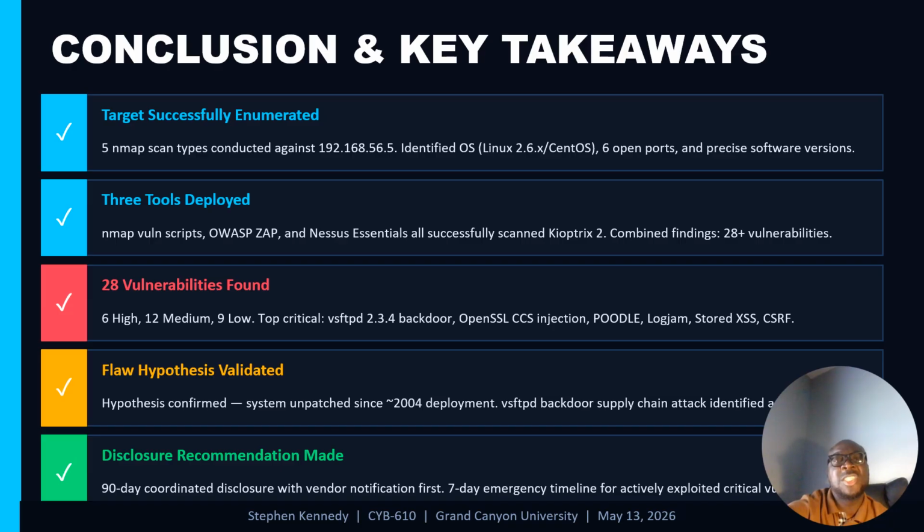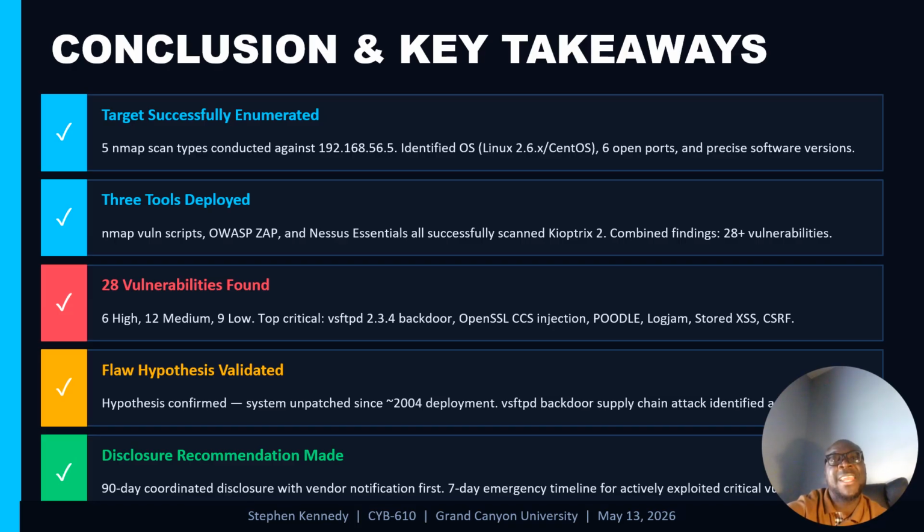To summarize today's presentation, I successfully enumerated the Kioptrix 2 virtual machine target using 5 different Nmap scan techniques, building a complete picture of the attack surface. I deployed 3 scanning tools: Nmap vulnerability scripts, OWASP ZAP, and Nessus Essentials, which together identified 28 vulnerabilities with 6 rated high severity.